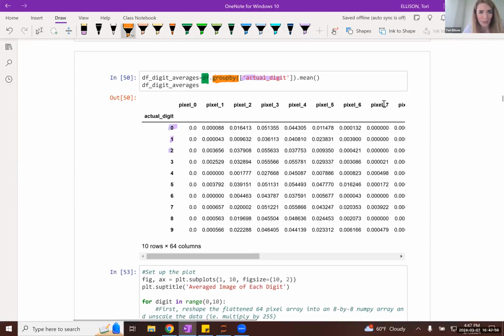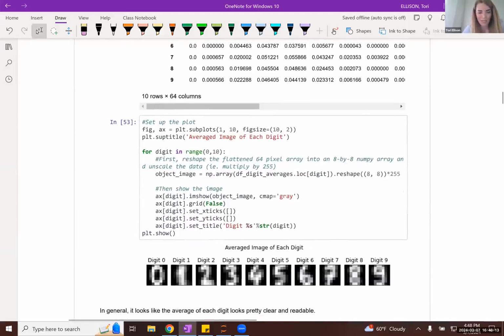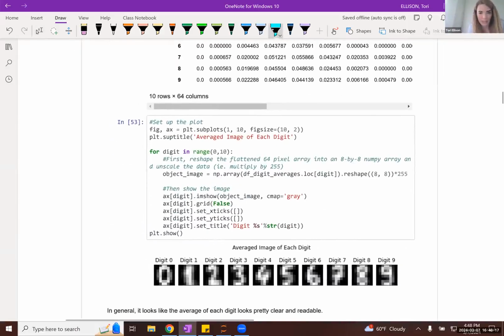So basically for each of my 0 digits, I'm going to calculate the mean pixel 0 value, the mean pixel 1 value, so on and so forth. Okay, so that creates this digit averages data frame here. And to get a sense as to how much variability I might expect to see in each of these 10 digits, I can plot that average digit image that I've just calculated up here.